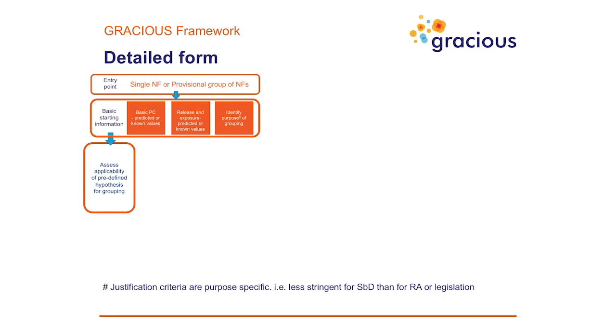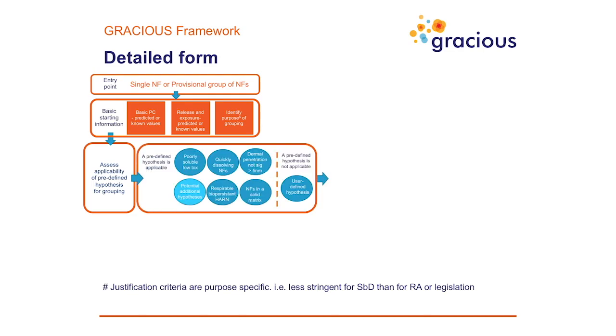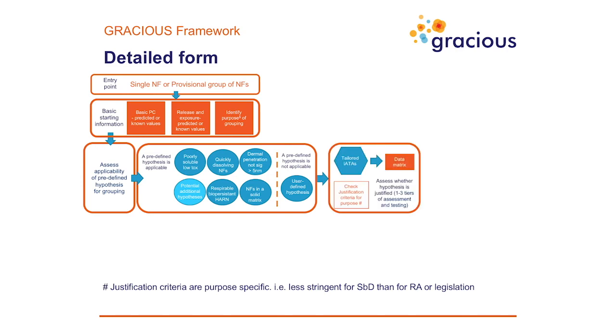And then we have the triggering of these predefined hypotheses within the framework that have been provided by the experts in the project. So once we have a screening of those hypotheses, you can see in this diagram that there are several examples of hypotheses available, and there's also room to add additional new hypotheses in the future, or there's the ability for an individual to make their own user-defined hypothesis.